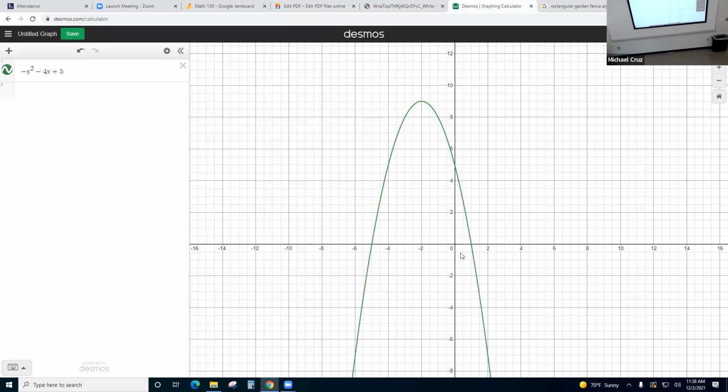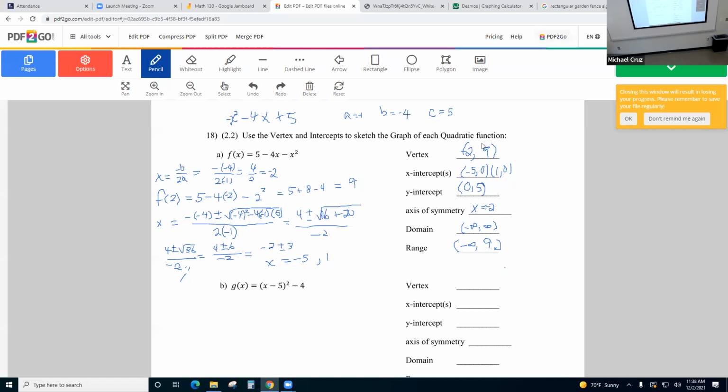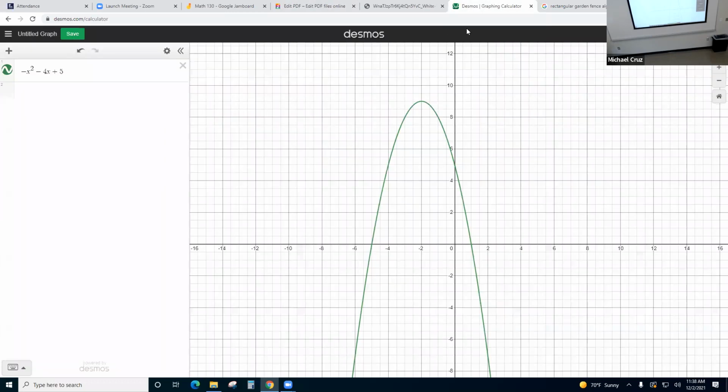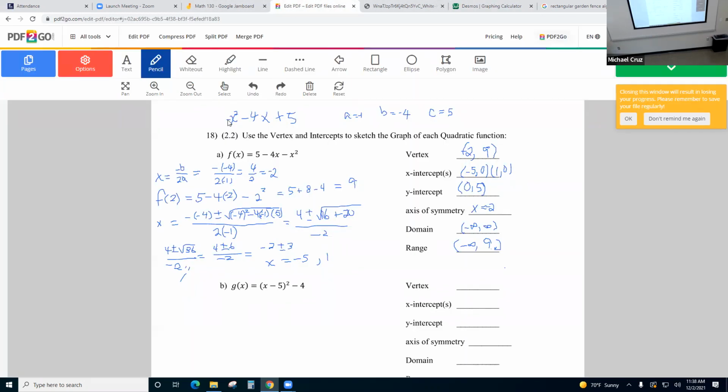So that was -5, that's the 1. Here's the y-intercept. Yeah, 0, 5. And the vertex is -2, 9. And 9 is the highest point that it's going to get when it's flipped upside down with that negative sign right there.